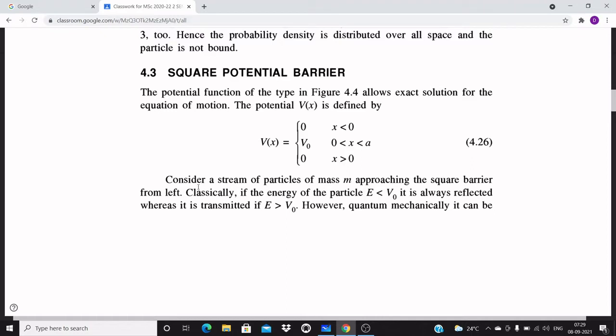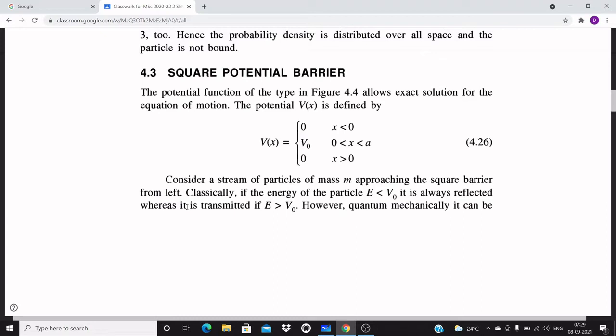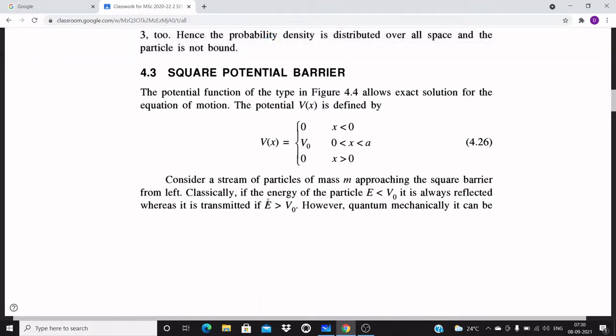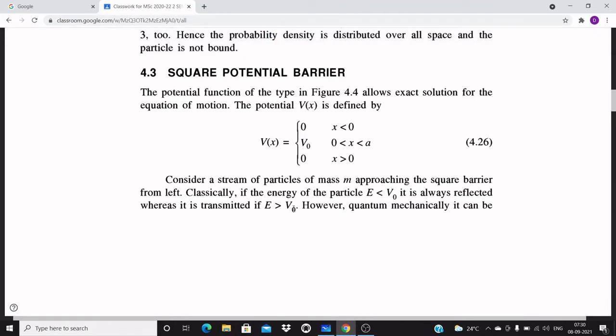Now we are going to consider a stream of particles of mass m approaching the square barrier from the left, that means from region 1, entering towards region 2. As we have done previously, we have two cases: the energy of the particle can be less than V0 or greater than V0. So what is the chance of getting transmitted to the other region?